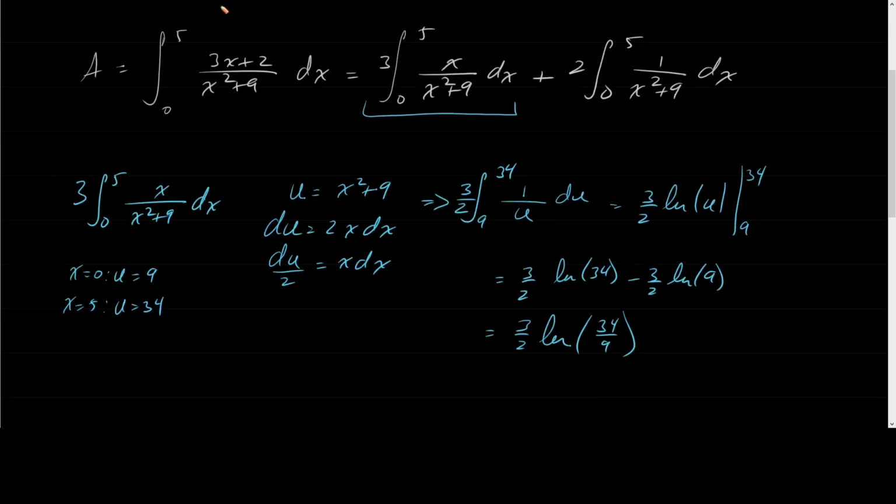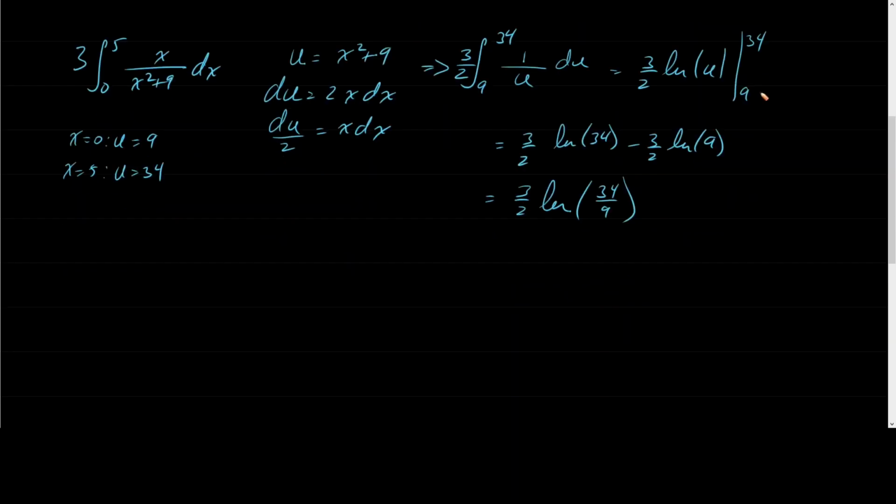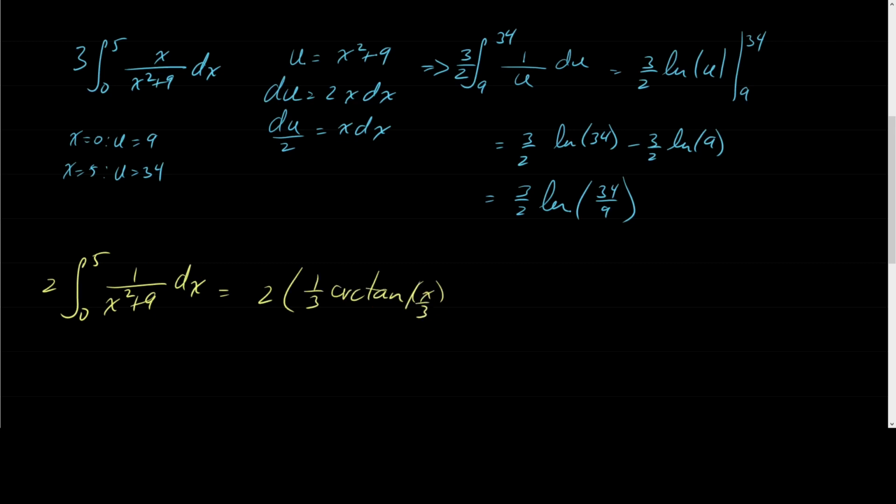The second part, let's do that one in yellow. So that integral we'll do in yellow. So we have 2 times the integral from 0 to 5 of 1 over x squared plus 9 dx. This is arctan, right? This becomes 1/3 arctan of x over 3, and this is evaluated from 0 to 5.